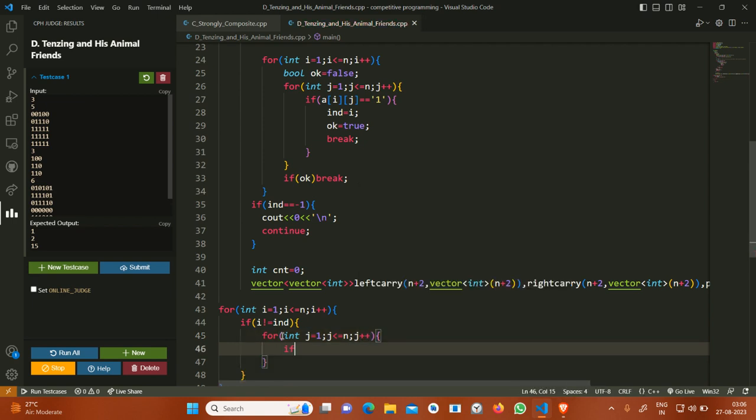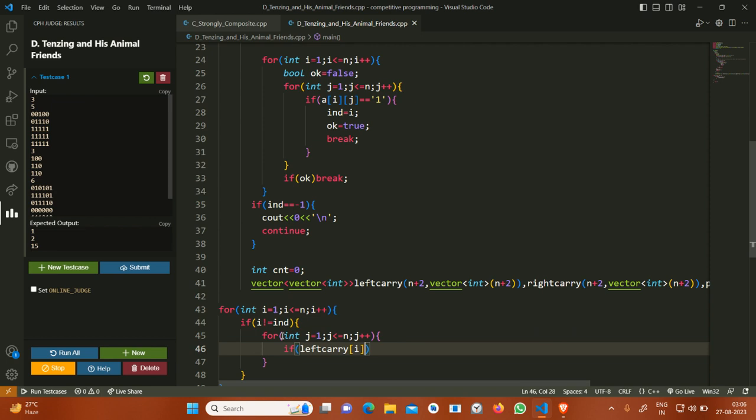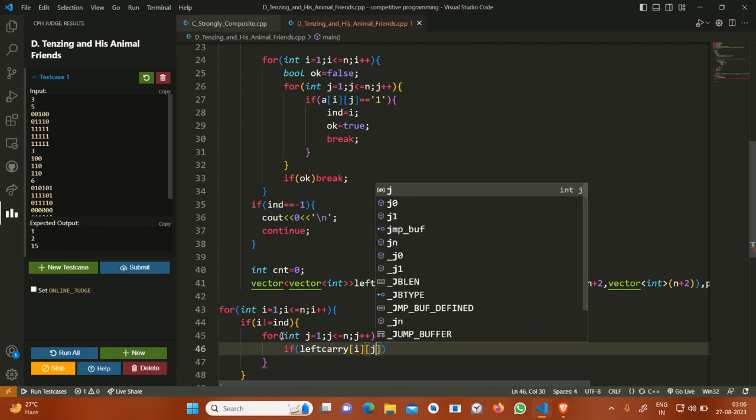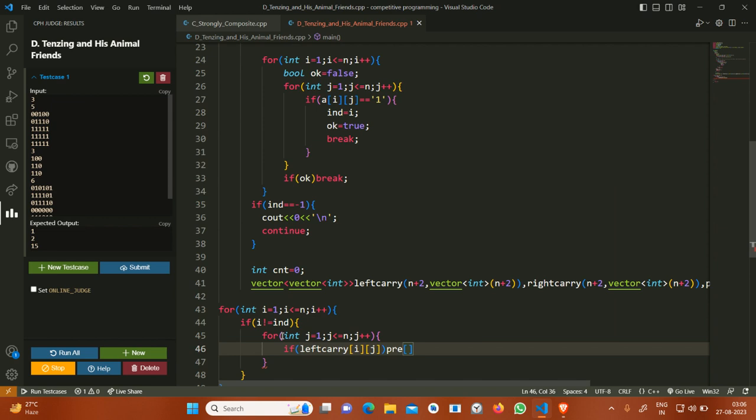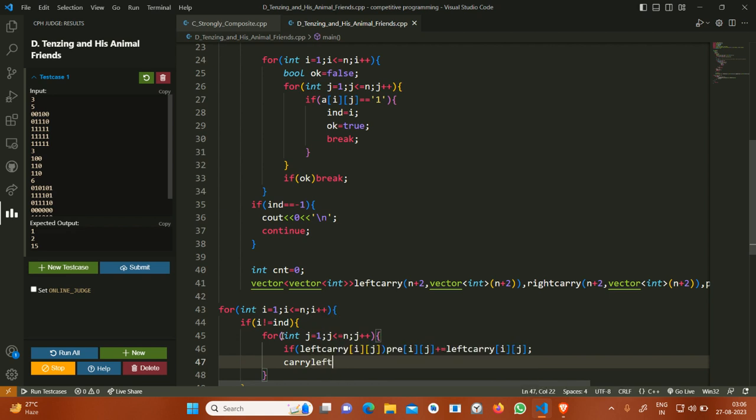Now, if there exists a left carry, which I have discussed, then prefix of i j plus equals left carry. It means I have to maintain the carry, the previous carry. And then left carry i plus 1 j, I would also pass this to the next rows.